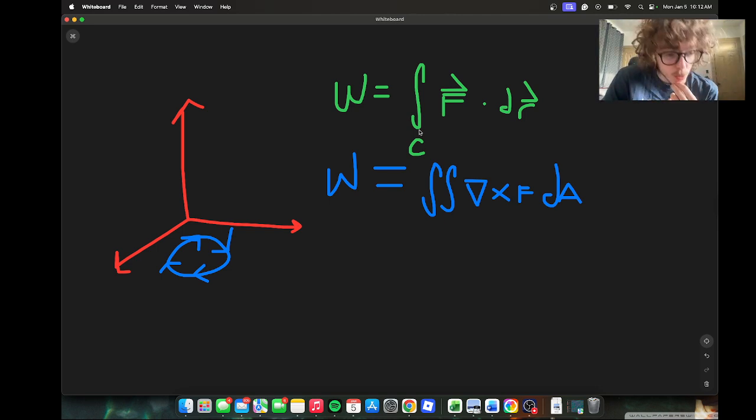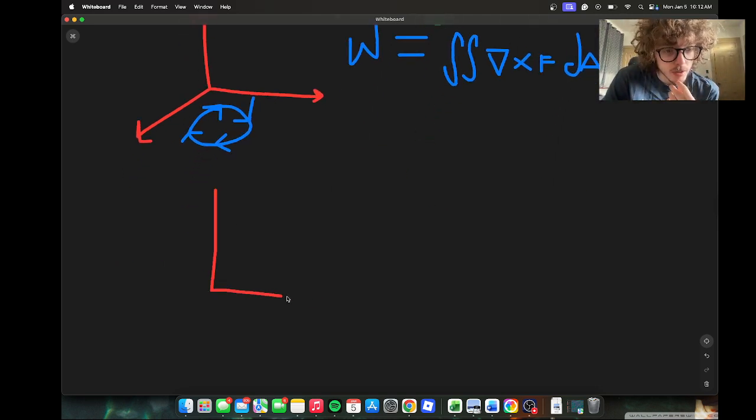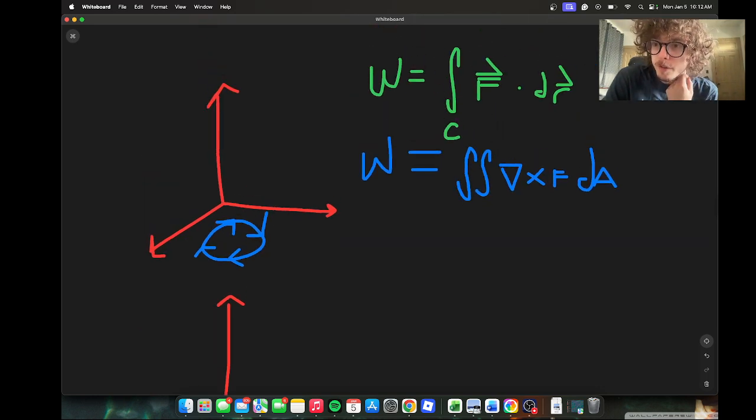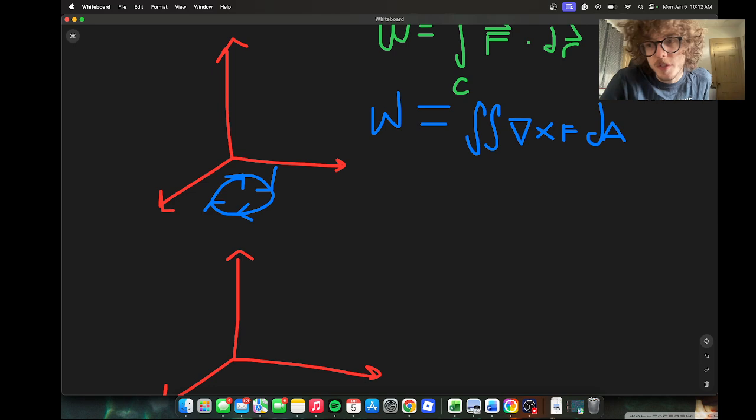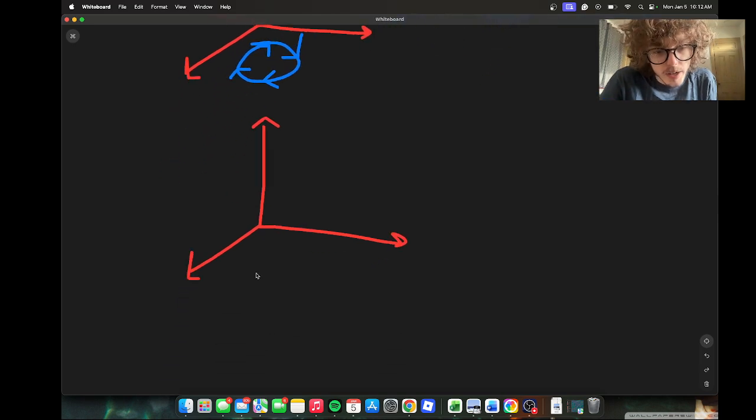However, what if instead we changed the curve? And let's say we just kind of lift up this edge here, let's say we lift it up a little bit this way. So we kind of go from under and we lift it. It would look something like this. Hopefully you can agree.